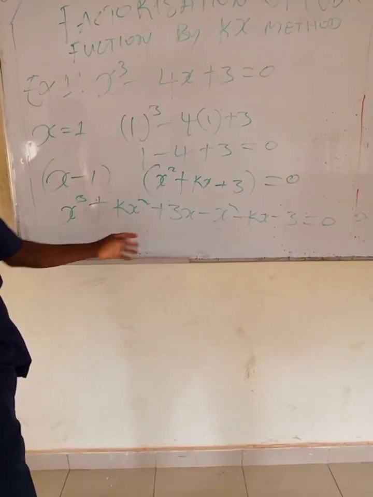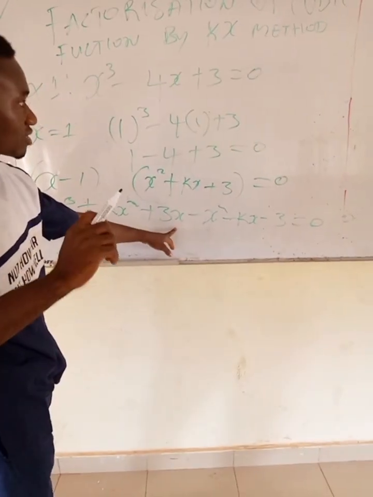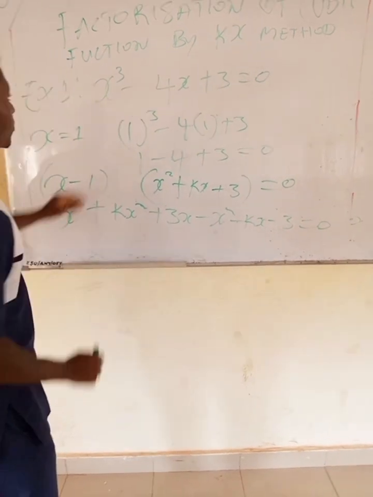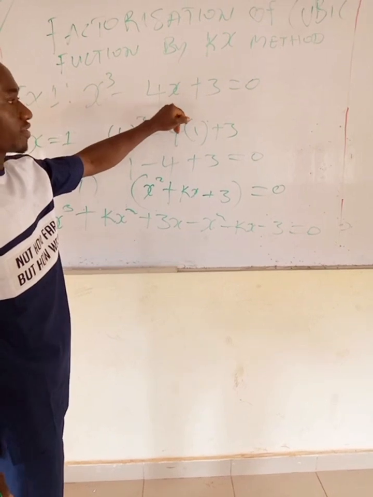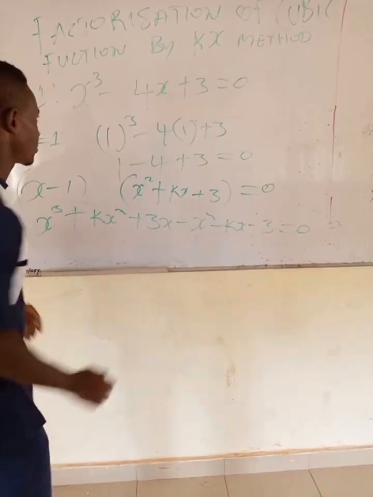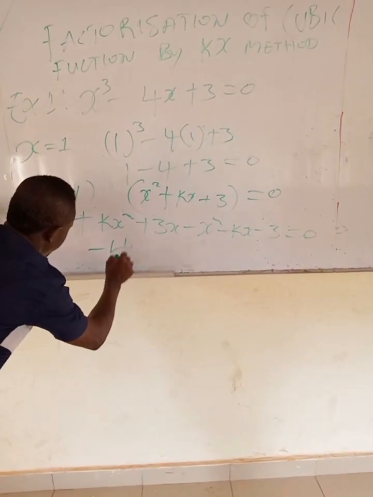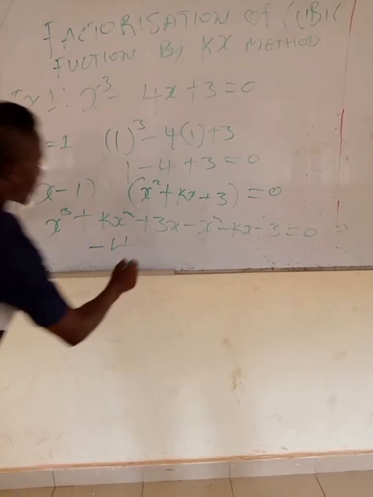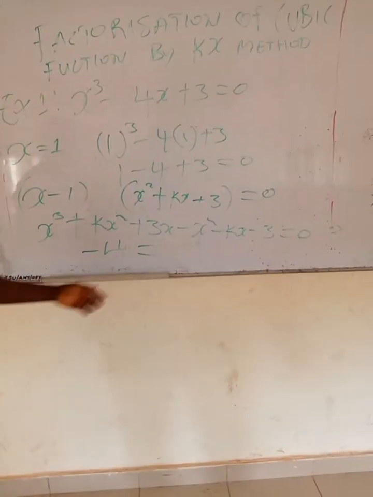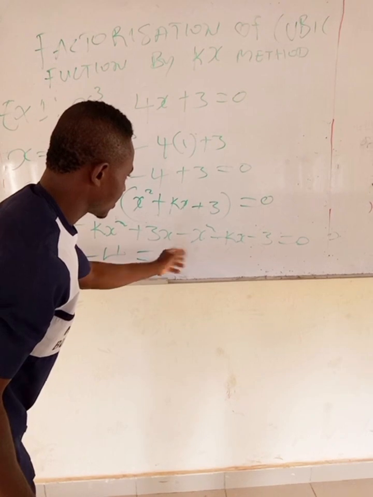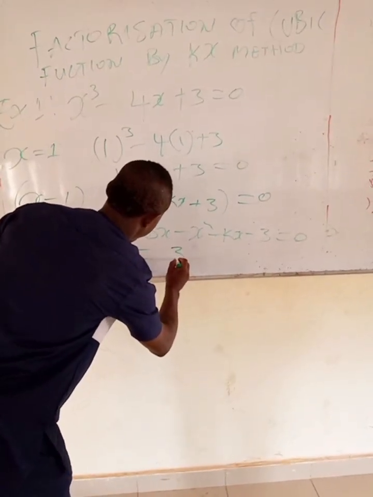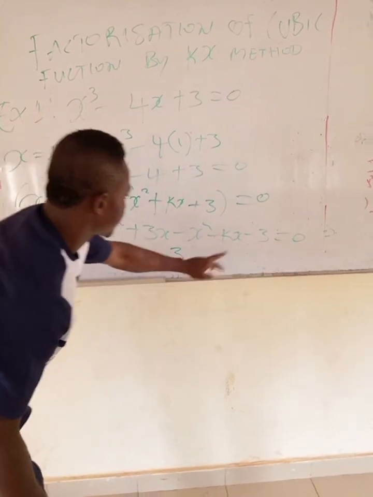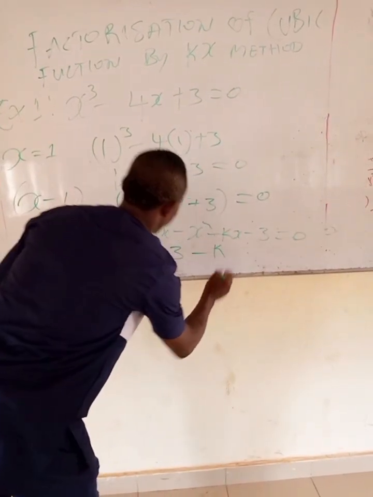Let's compare by the coefficient of s of degree 1. Now, in this function, we have minus 4 as the coefficient of s in degree 1, which will be minus 4 equals to the coefficient of s in this function, which is 3 minus k.